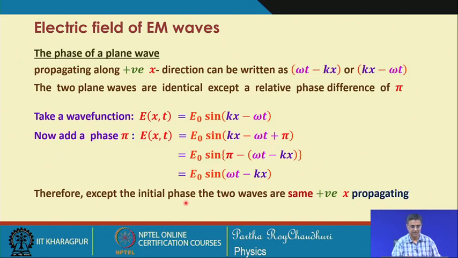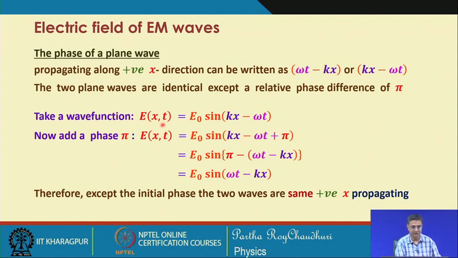Let us assume that the phase of a plane wave which is propagating along the positive x direction can be represented by omega t minus k x. We can also represent this as k x minus omega t, as I said before, and we will see that they actually point to the same electromagnetic wave with an initial phase, which is not very important and relevant.